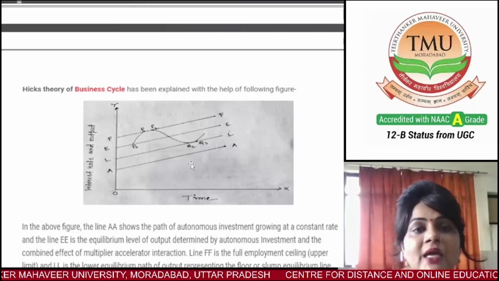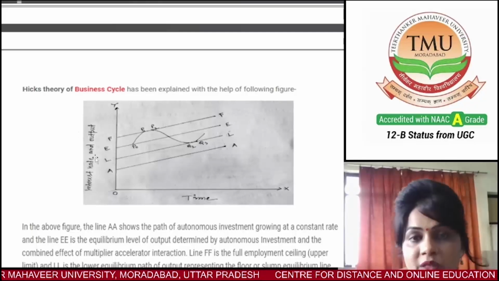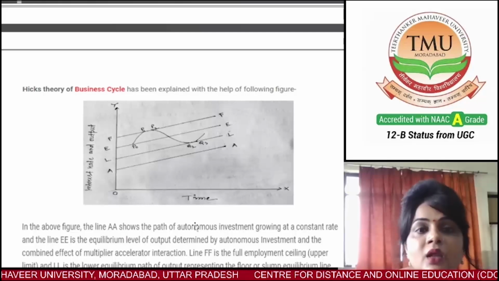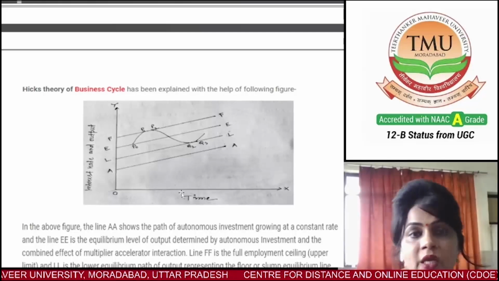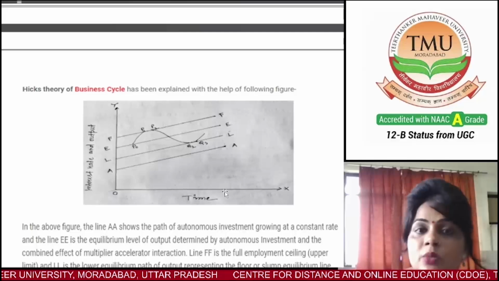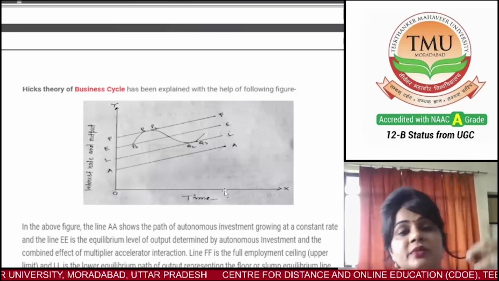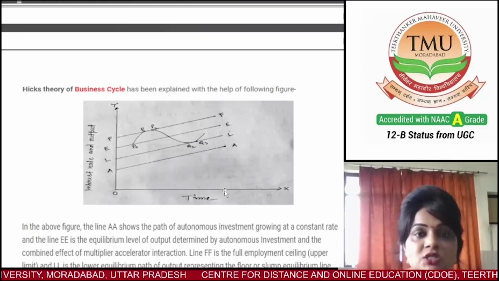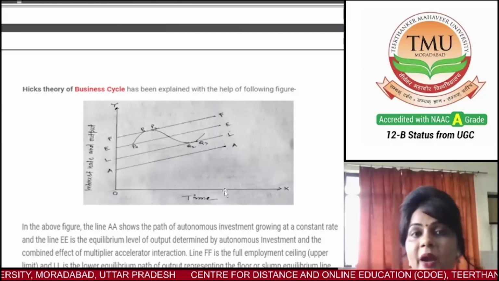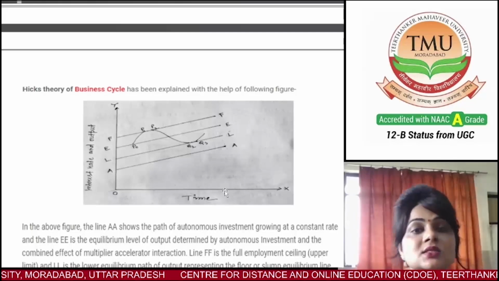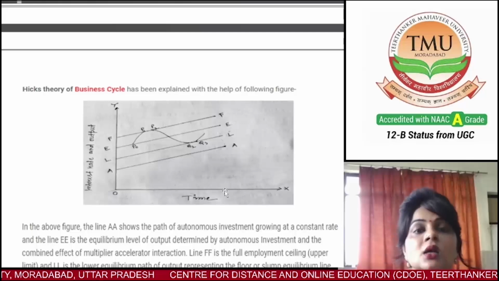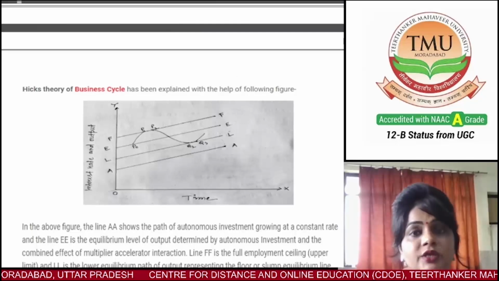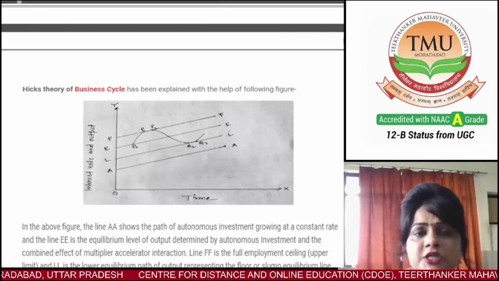Hicks's theory of the business cycle has been explained with the help of this figure, as I have also discussed with you. As you see, a line represents autonomous investment. Autonomous investment is that investment which is not induced by changes in income and is made by entrepreneurs as a result of technological progress, innovations, or population growth.